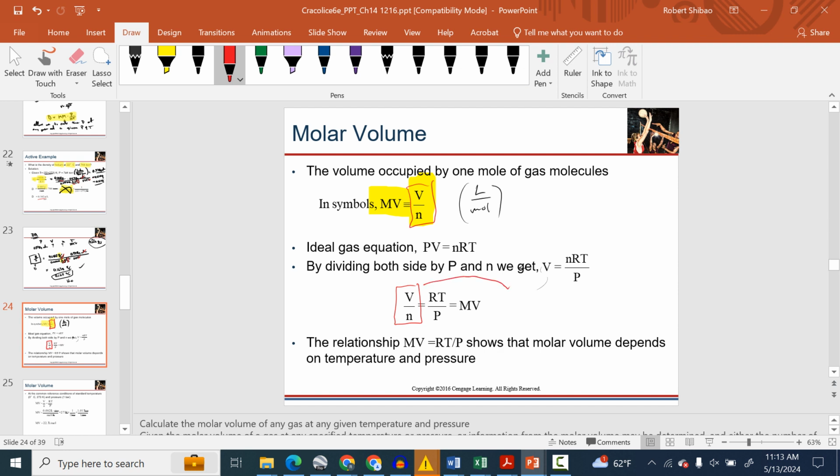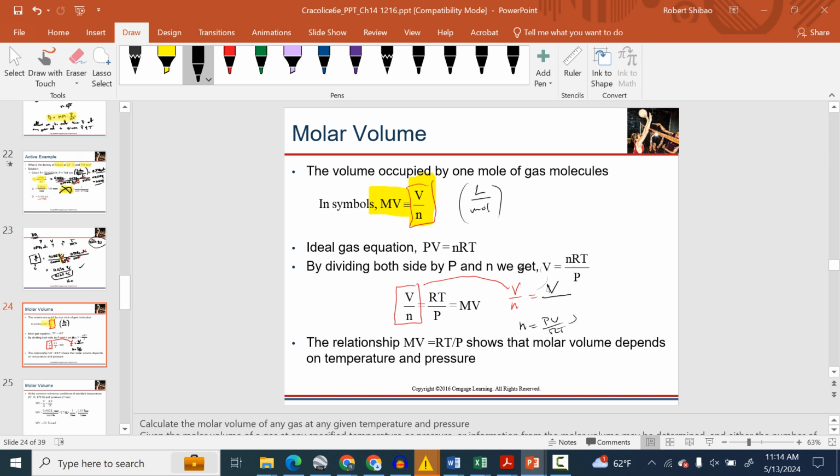If I have volume per mole, then I'm going to substitute for N. I would put volume on the top, and then N is equal to PV over RT.